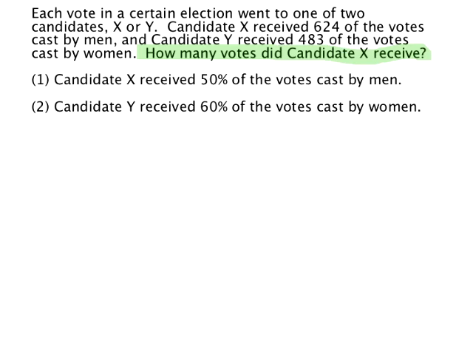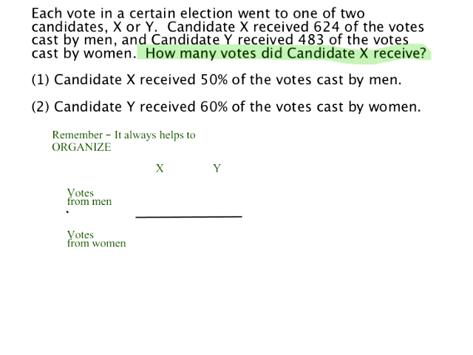It always helps to organize word problems. So let's make a humble organizational device. Let's say votes from men, and votes from women, and then candidate X and candidate Y. This is not the most genius device in the world, but it'll definitely help us stay on track.